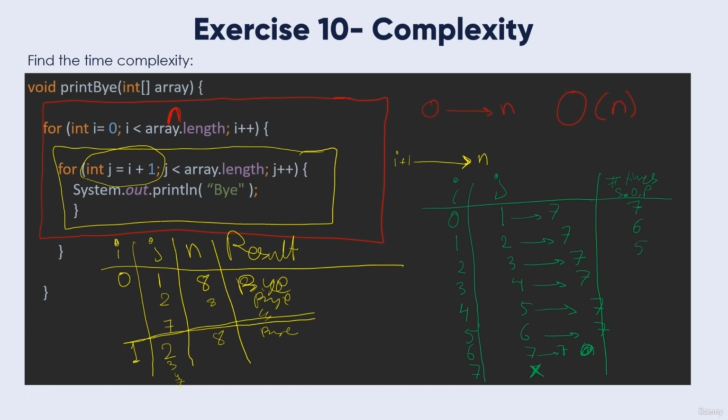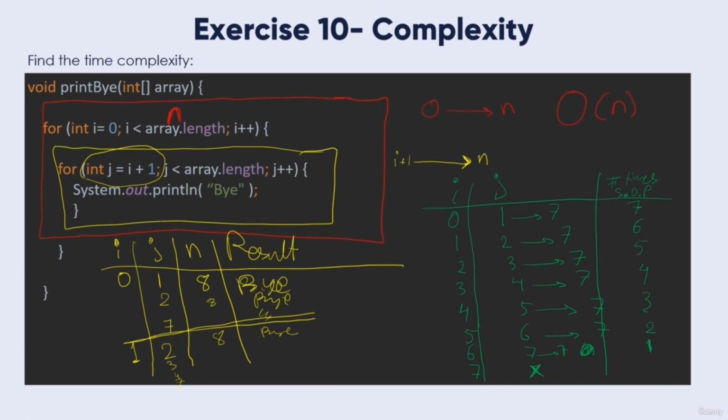Then 5. Yes, 7 is included: 1, 2, 3, 4, 5, 6, and 7. This executed 4 times, 3, 2, and 1.